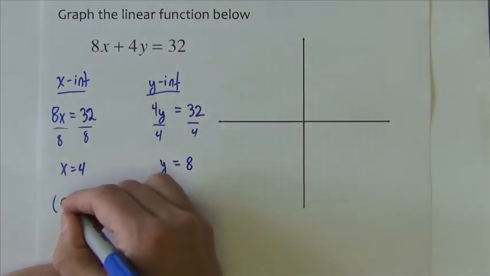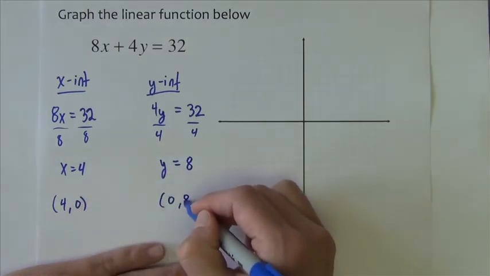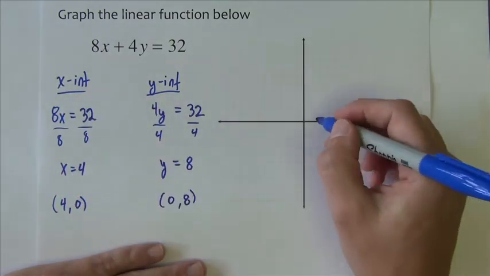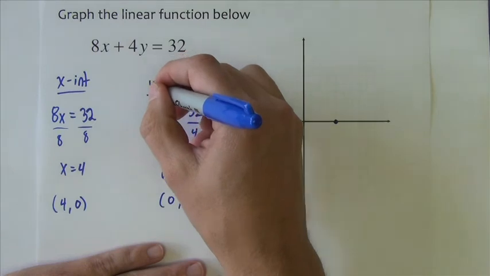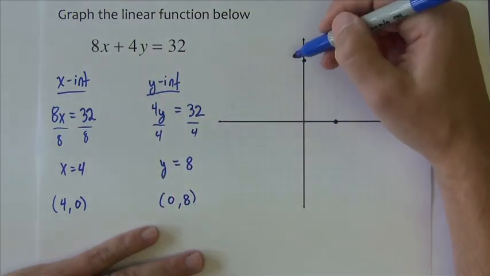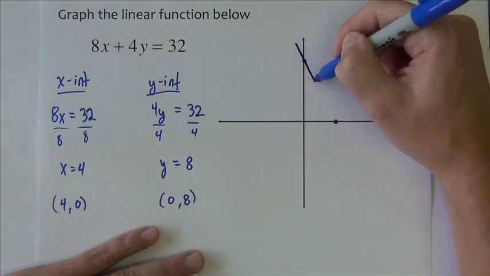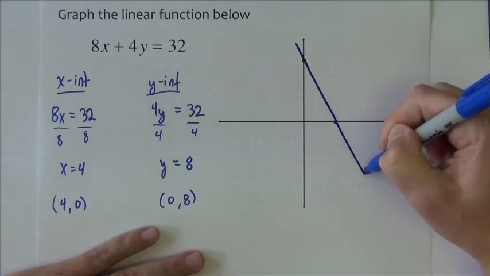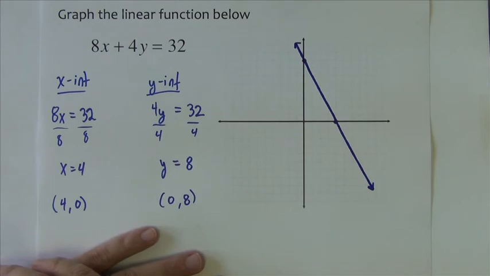I do like writing them as ordered pair points. So this graph crosses the x-axis at (4, 0), crosses the y-axis at (0, 8), and then we can connect with a line. Try to make your lines as straight as you possibly can. Use a ruler if you need to.